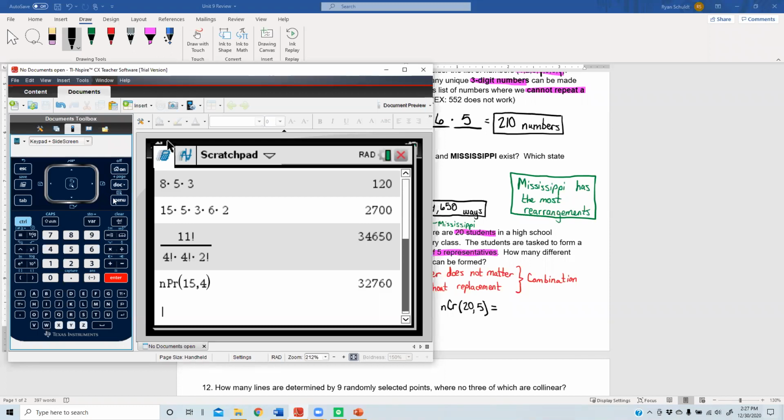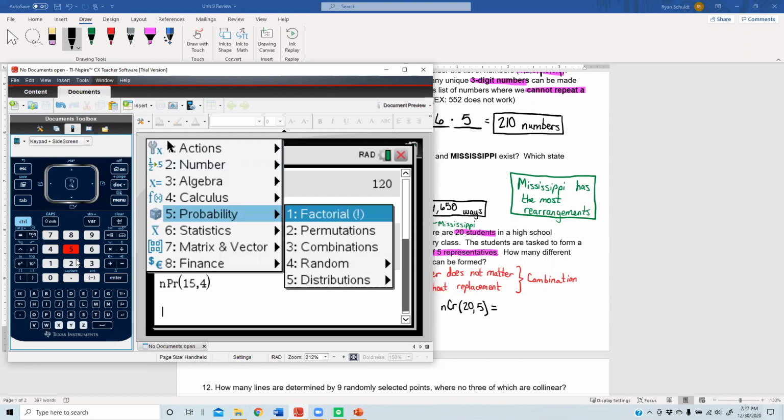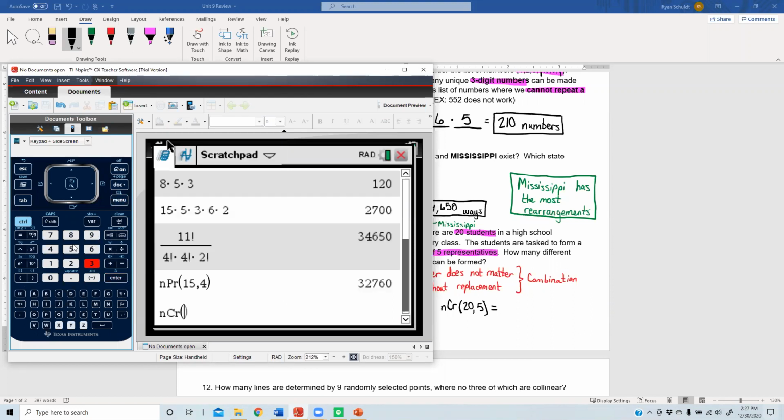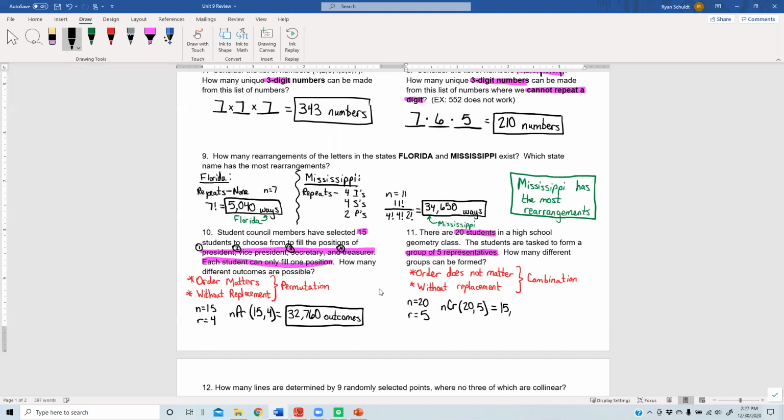So nCr, that's menu, 5 for probability, 3 for combination. So menu 5, 3. We're going to do 20, 5. It's going to be 15,504. 15,504 groups.